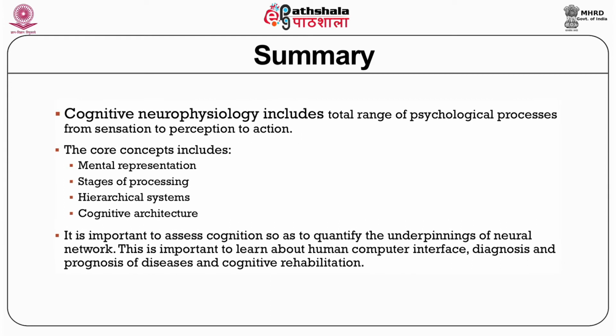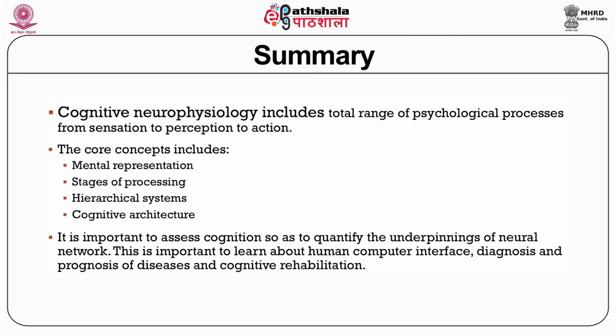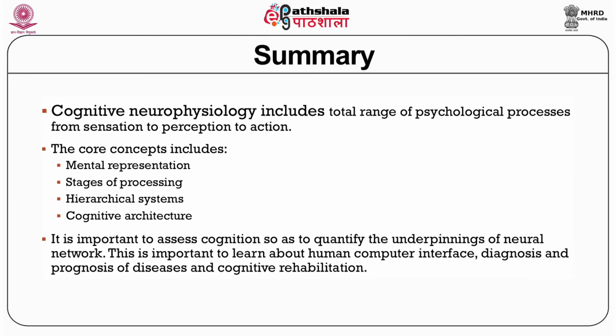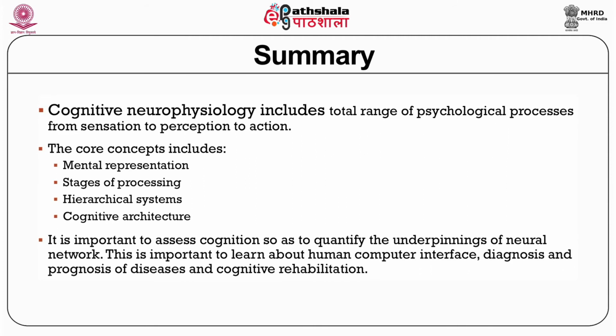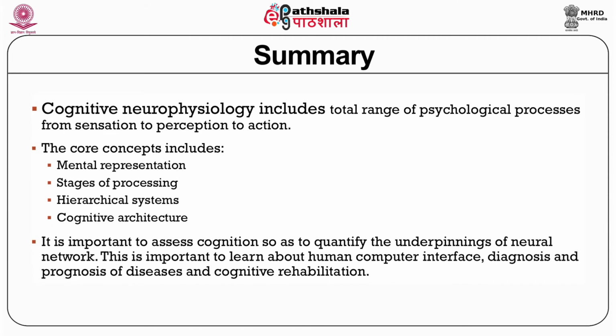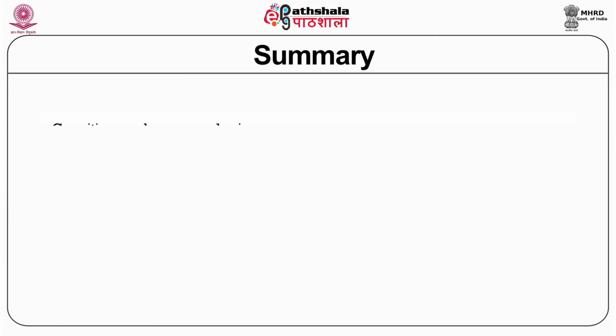Thirdly, it is important to assess cognition so as to quantify the underpinnings of the neural network. Now, this is important to learn about the human-computer interface, diagnosis and prognosis of a disease, and for cognitive rehabilitation.